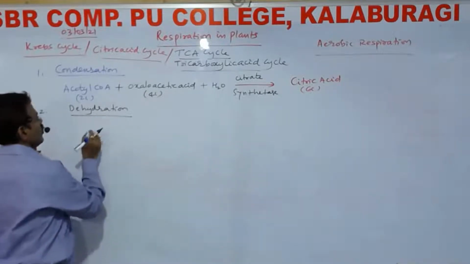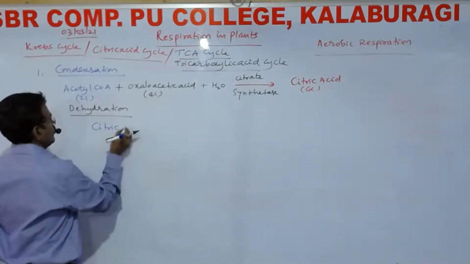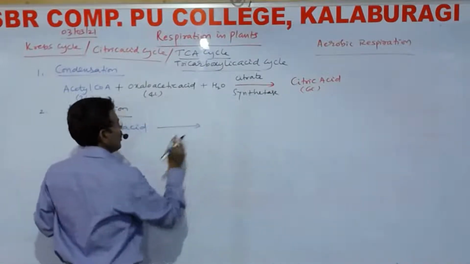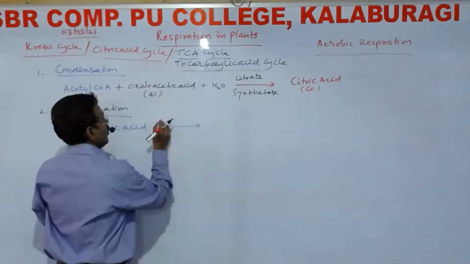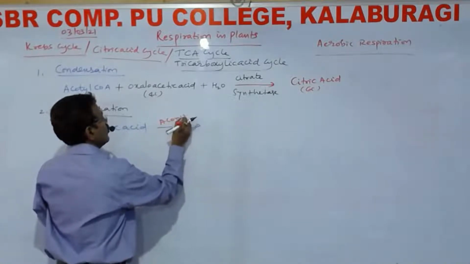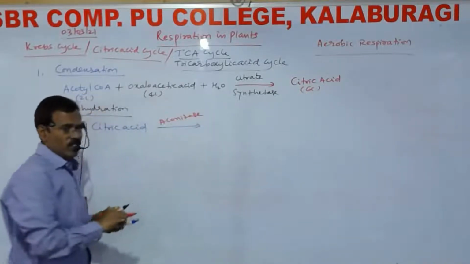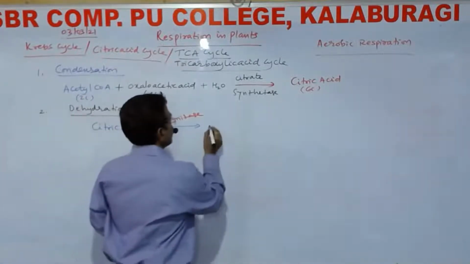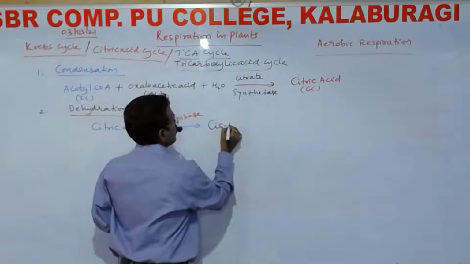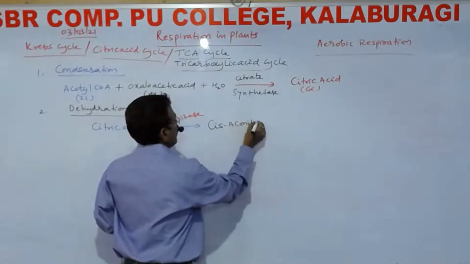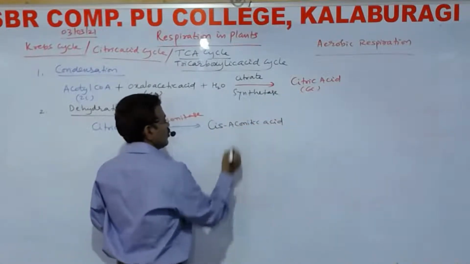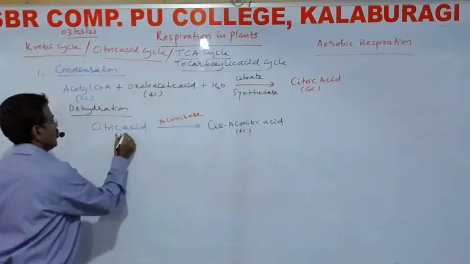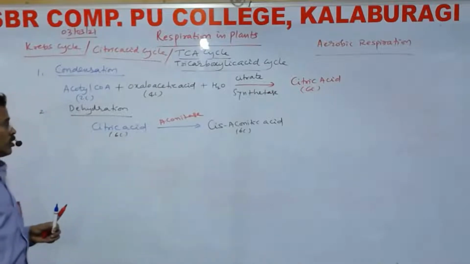This citric acid will undergo dehydration in presence of aconitase enzyme, and it is going to produce cis-aconitic acid, 6-carbon cis-aconitic acid.